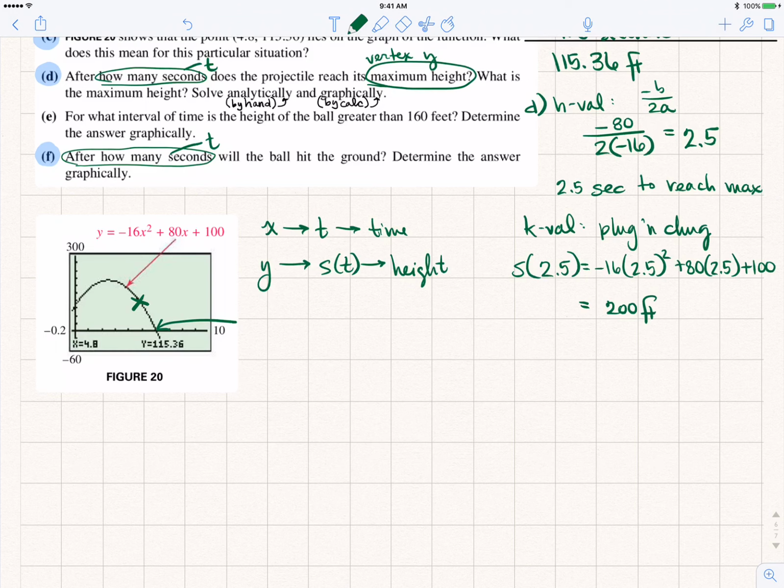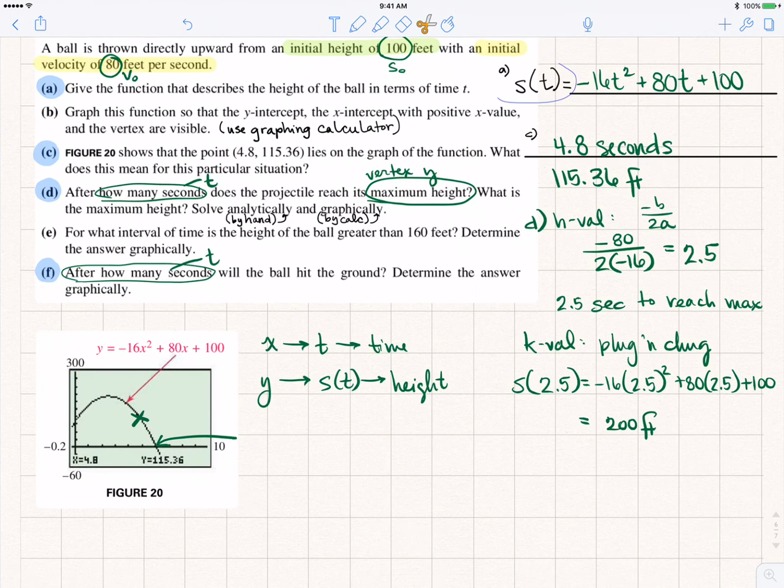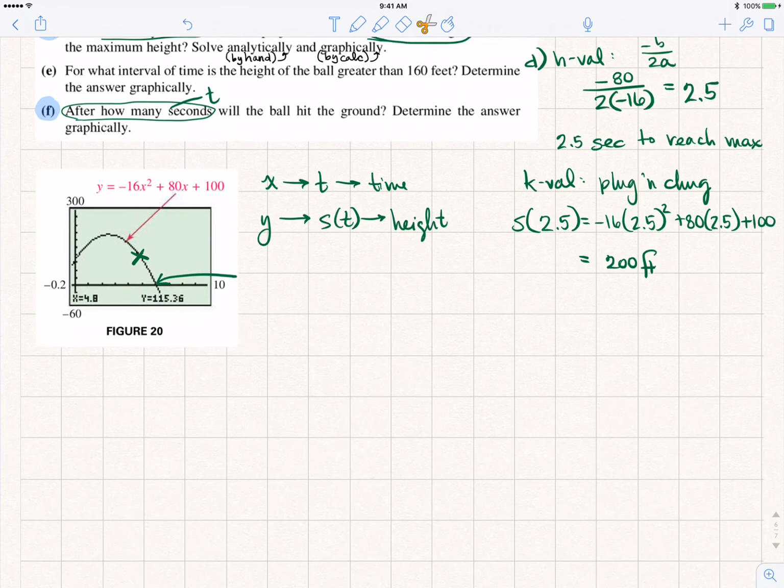So what you'll do is take your equation from part A and plug in a 0 for the height part of that. So this is part F. Plug in a 0 equals negative 16t squared plus 80 times t plus 100. Now I'm not going to take the time to finish this up, but the directions say to determine the answer graphically.